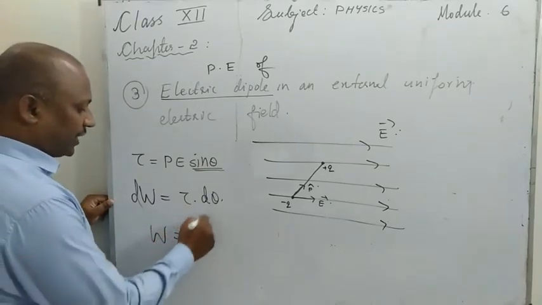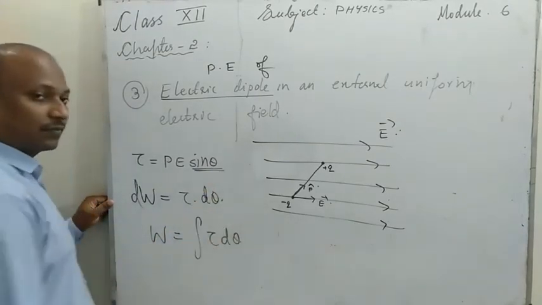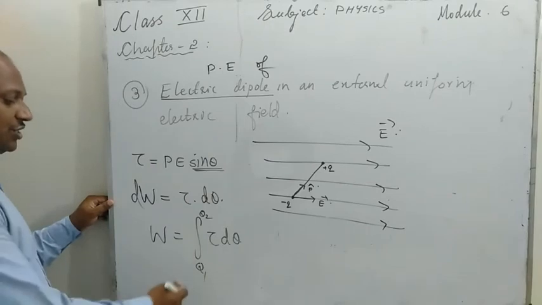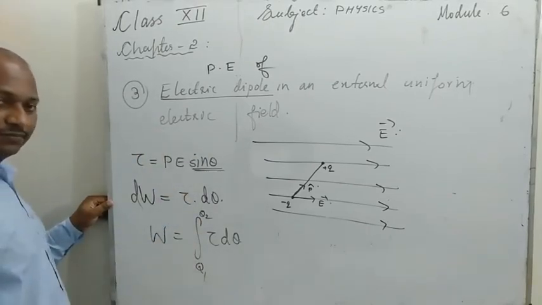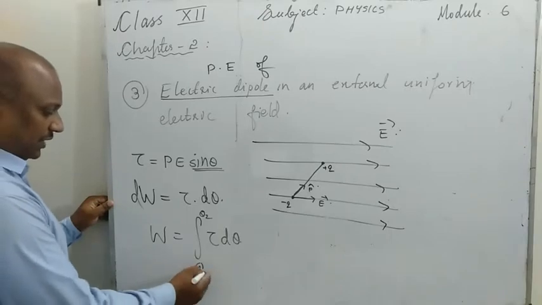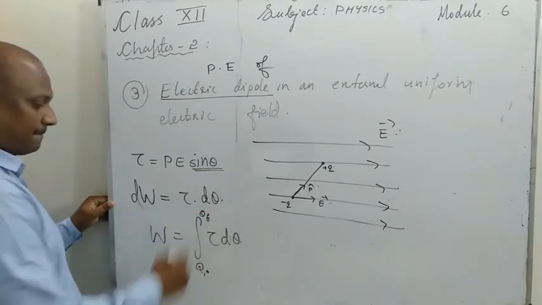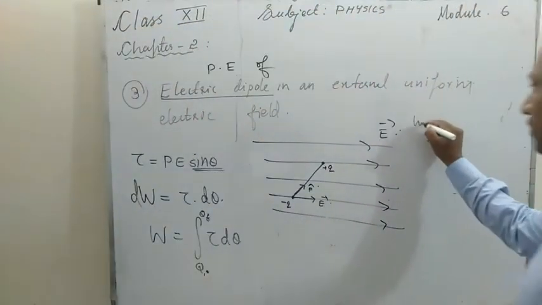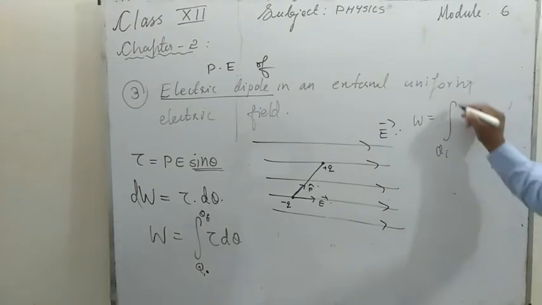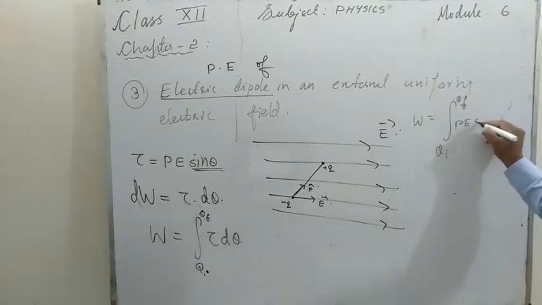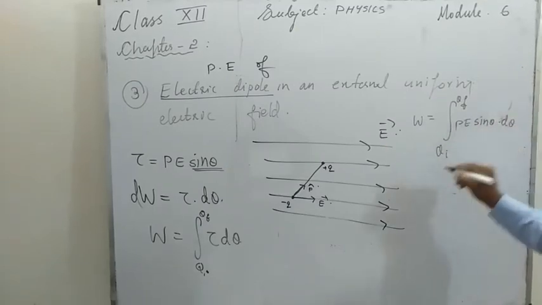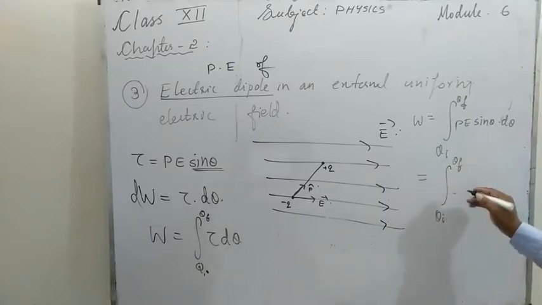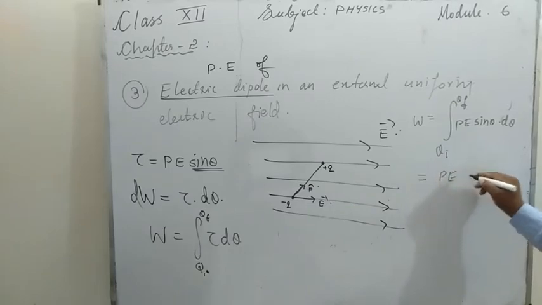So for the total work done, we can go for the integration from theta initial to theta final, theta 1 to theta 2, whatever. Putting the value of tau, work done is equal to the integration from theta initial to theta final of PE sine theta d theta.